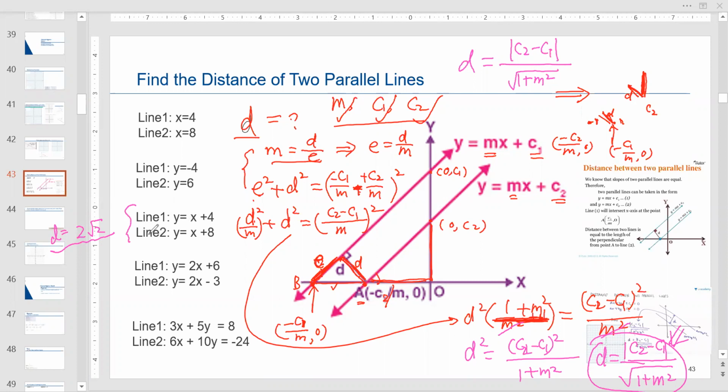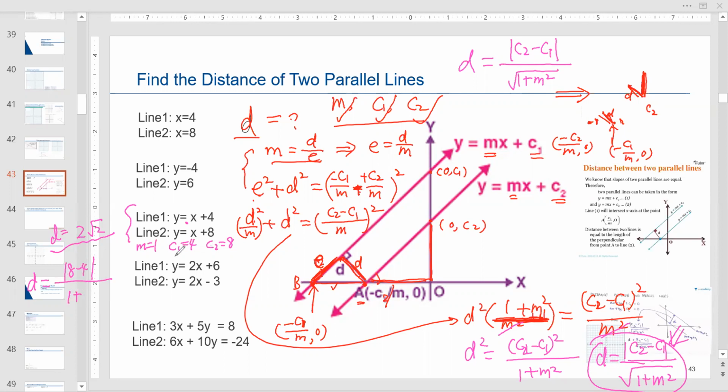All right, in this example, M is 1, right? M is 1. C1 doesn't matter. You can pick one of them. You can pick 2 or pick this one, doesn't matter. You just need one of them is 4, the other one is 8. All right, let's put this inside, if it makes sense or not. So D equals C2 minus C1, so 8 minus 4, right?